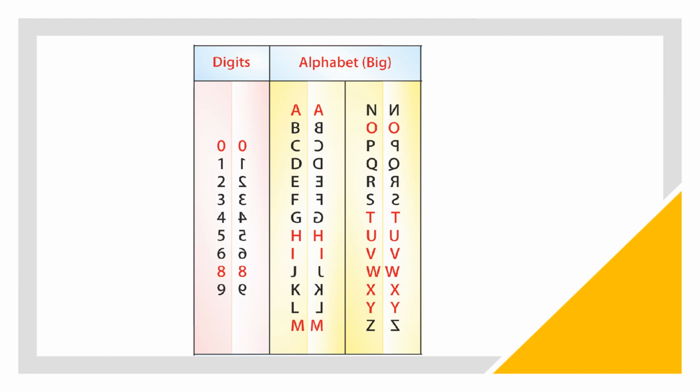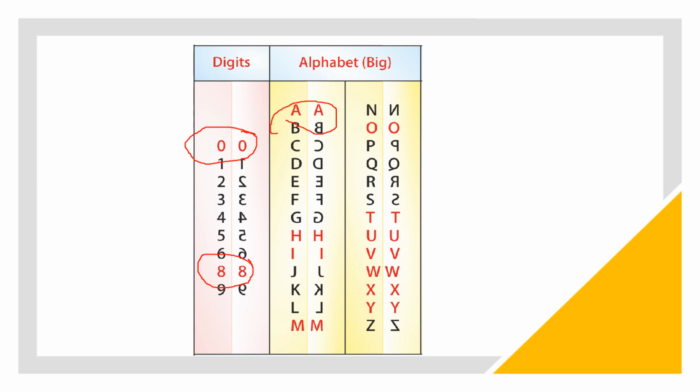We already discussed the digits 0 to 9 and A to Z, but now we will work on mirror images of alphabets. Just a brief introduction: among 0 to 9, only 0 and 8 are identical.